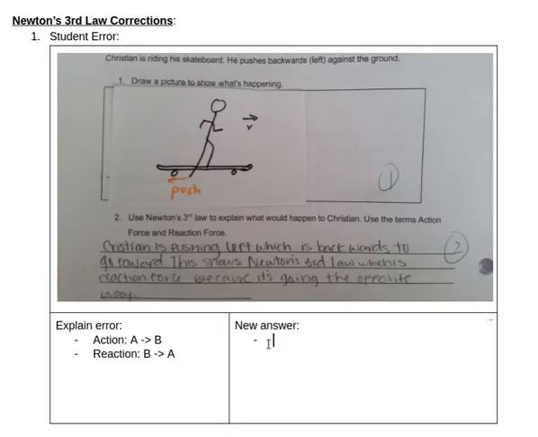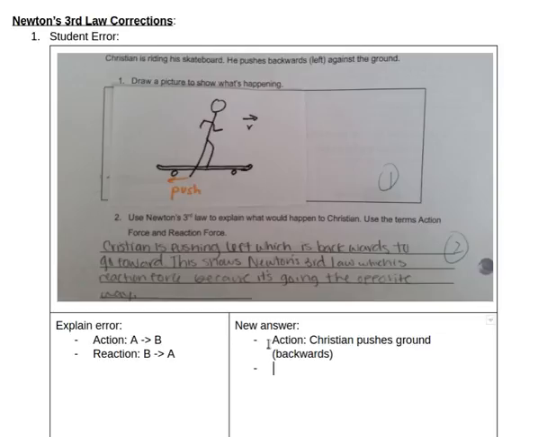Well, Christian goes forward because the action force is Christian pushes the ground backwards. Then from there, the reaction force is just the opposite. The ground will push Christian, in this case, forward.